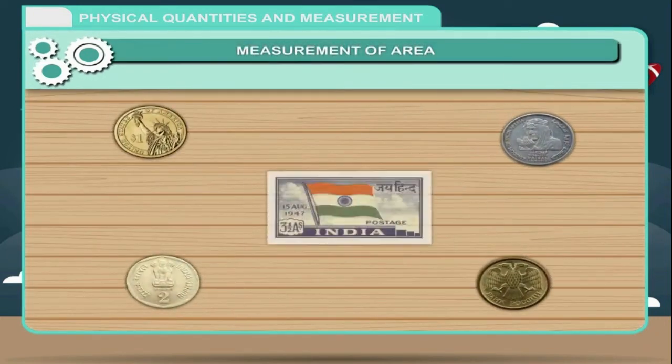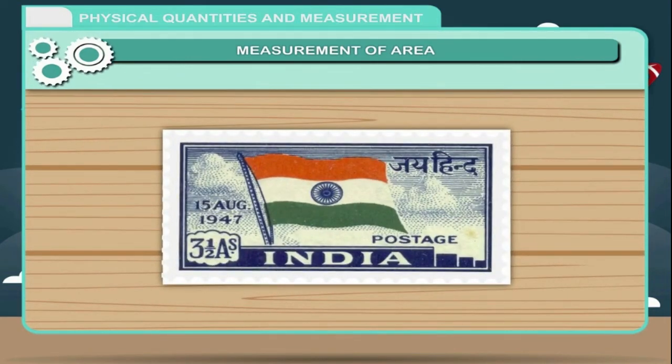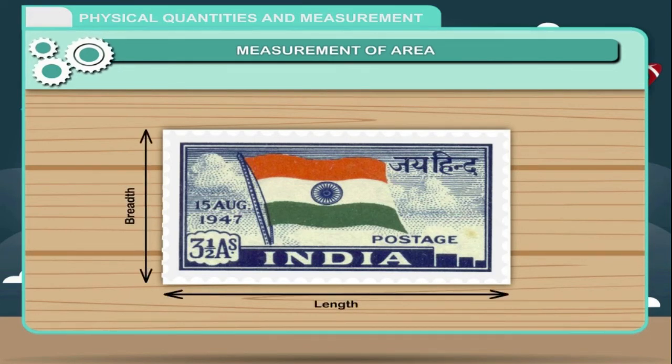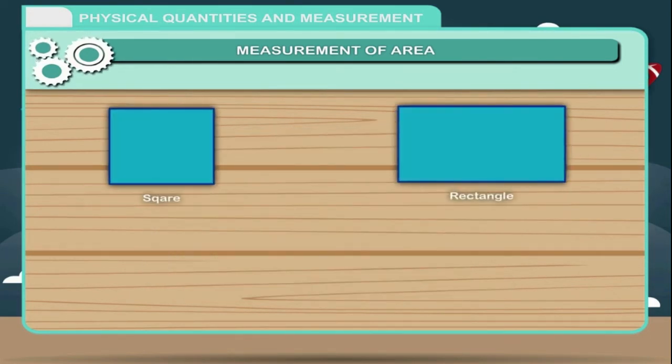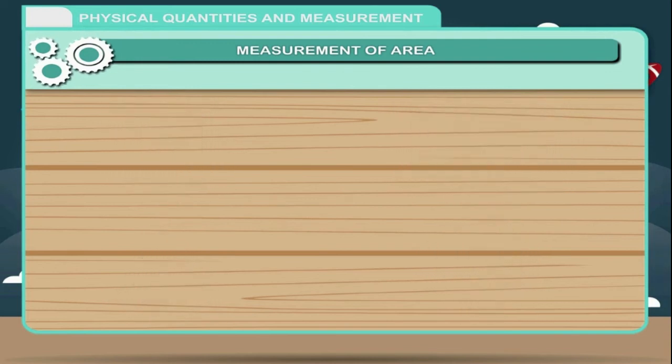The extent of the surface occupied by an object is called its area. Area is the region enclosed within the boundaries of a two-dimensional figure. A two-dimensional figure has only two dimensions, namely length and breadth. Squares, rectangles, triangles and circles are all examples of two-dimensional figures.